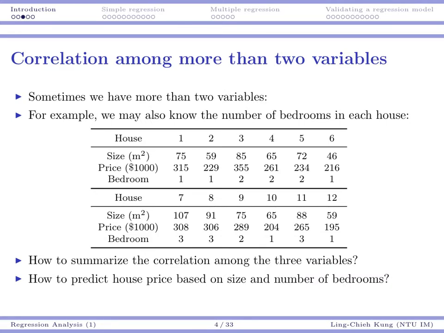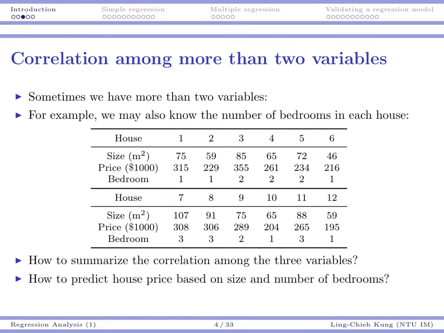And also, sometimes we may have more than two variables. For example, another set of information that we may collect is the number of bedrooms in each house. For each house we know how many bedrooms it has. And in some sense, the number of bedrooms may also affect the house price, right?